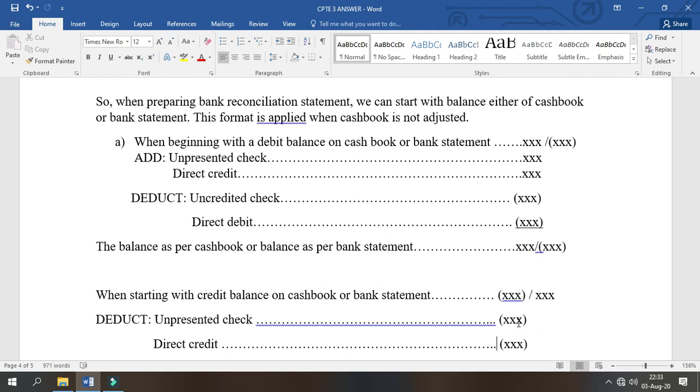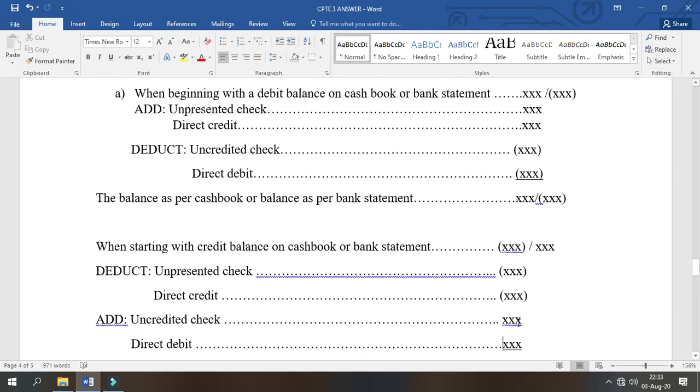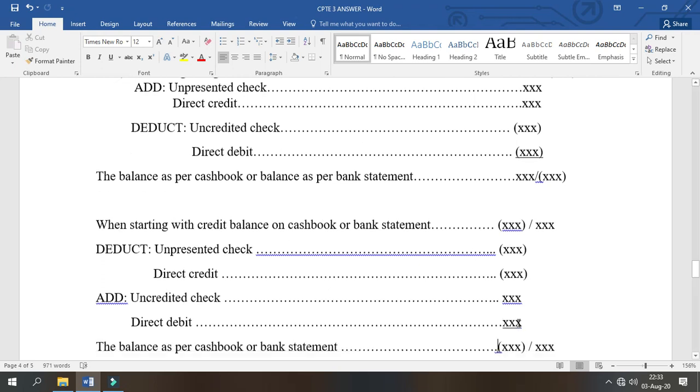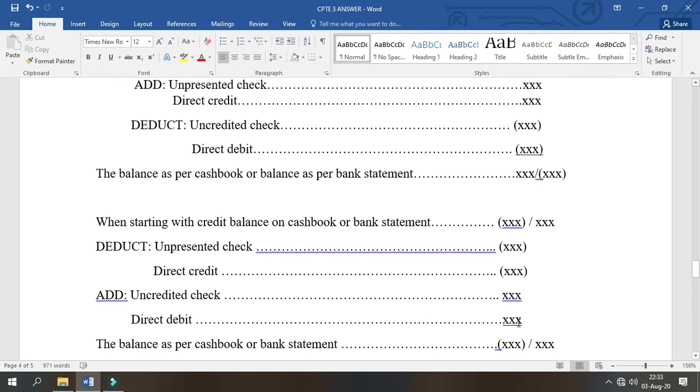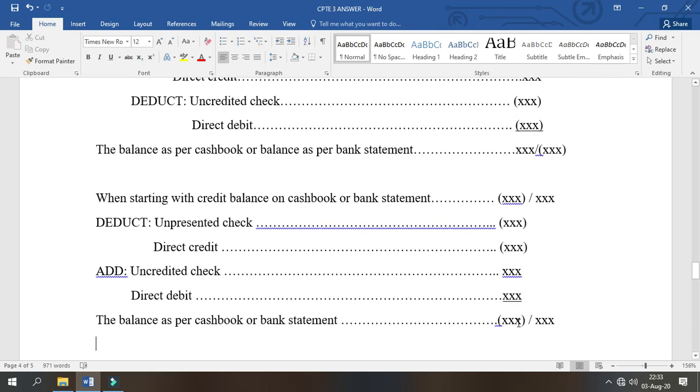So the first time we were adding unpresented cheques, but when starting with the credit balance on the cash book or bank statement, then deduct unpresented cheques, deduct the direct credit and add uncredited cheques and add direct debit. Then you will get the balance as per cash book or bank statement.